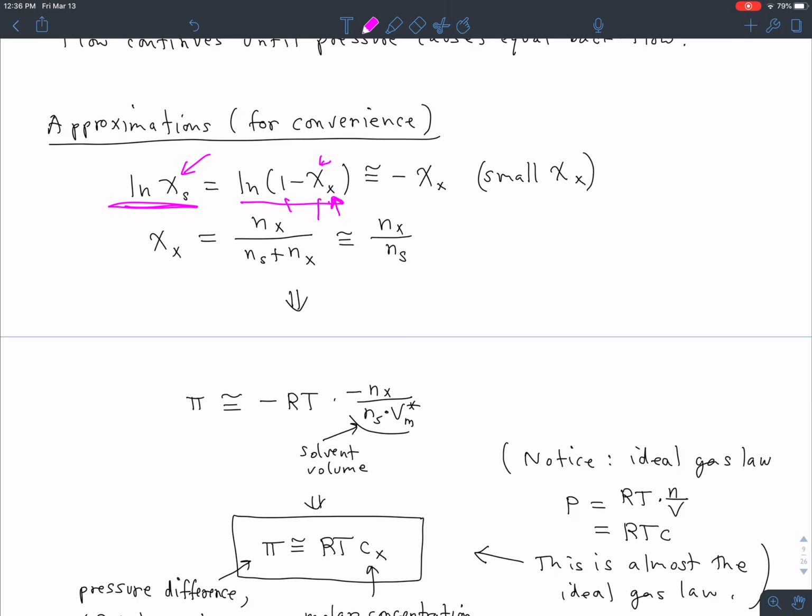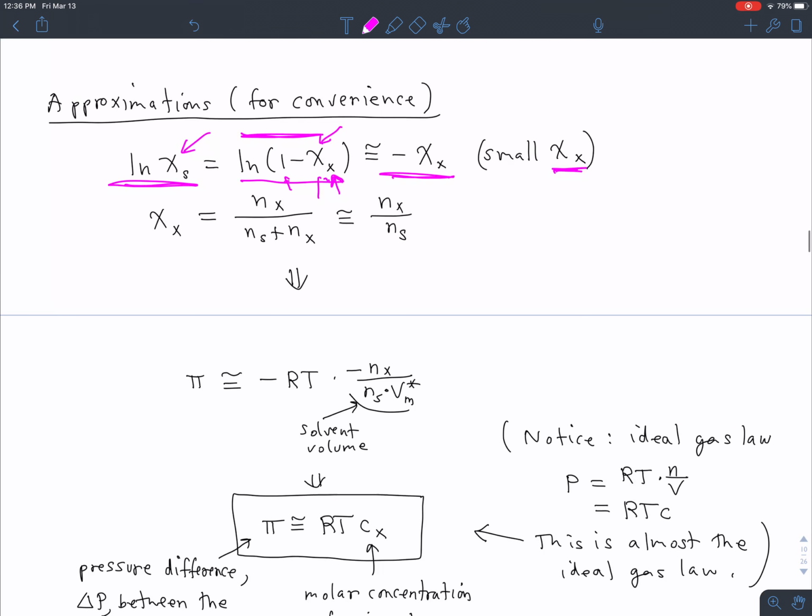And if this mole fraction for the impurity is quite small, as it often is, less than about 0.1, oftentimes 0.01, then you can approximate this log of 1 minus something as just minus the something itself. Again, that only applies for small impurity concentration.